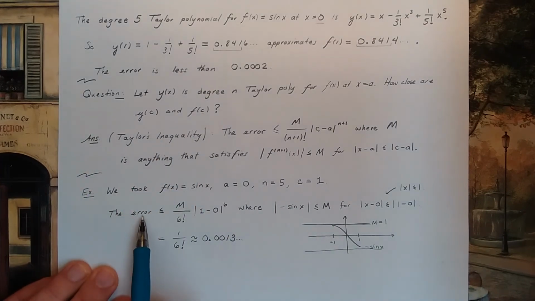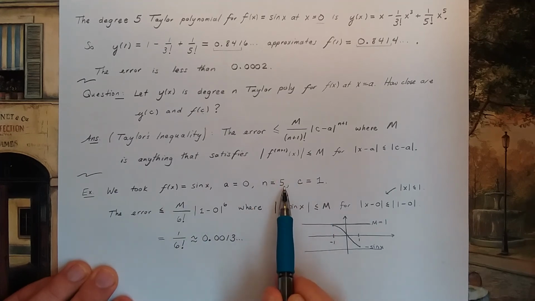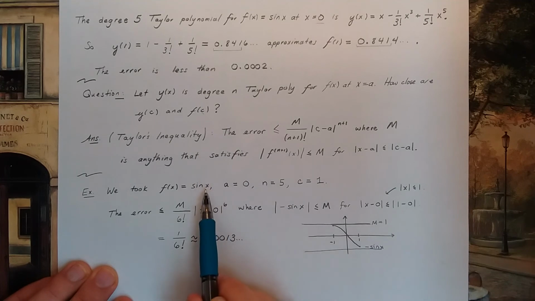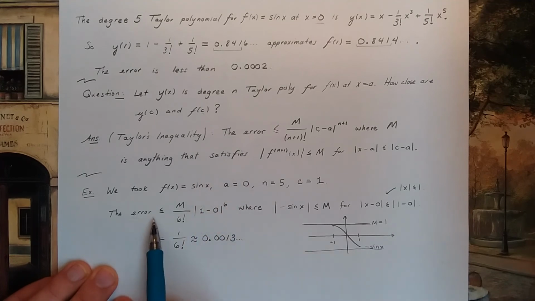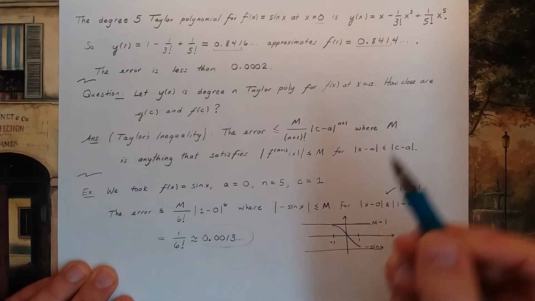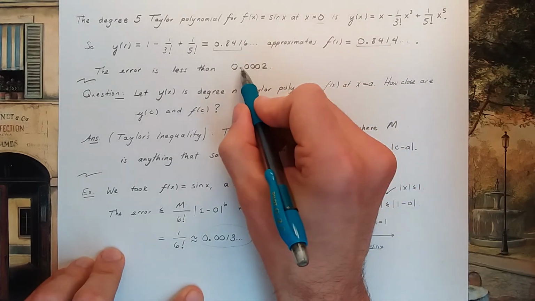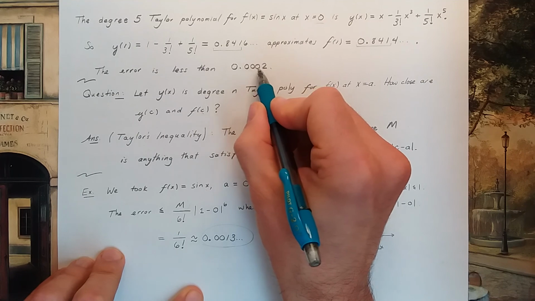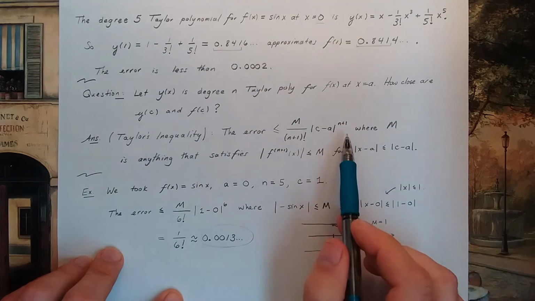It says my error, when I plug in 1 to the degree 5 Taylor polynomial for sine x centered at x equals a, is less than this number, 0.0013. We actually already found the error. The actual error is less than 0.0002. So the theorem is true.